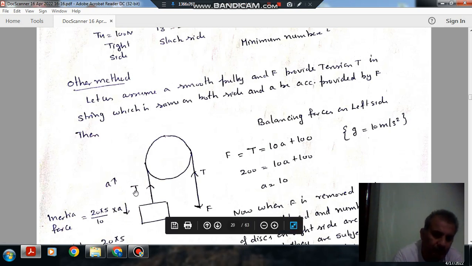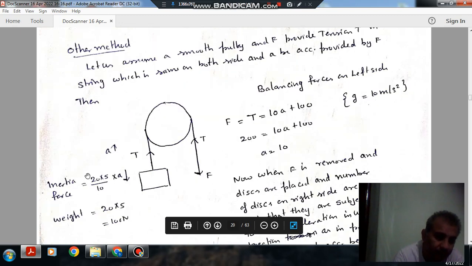So this F produces acceleration A, and for equilibrium the inertia force will act in the downward direction. Each disc is 20 Newton and there are 5 discs, so mass will be 20 into 5 by 10, and the inertia force will be in the downward direction, and weight will also act in the downward direction. So this F is creating T, and T will be the summation of these two: 10A plus 100.